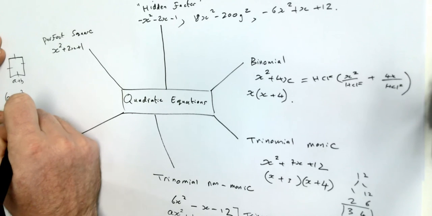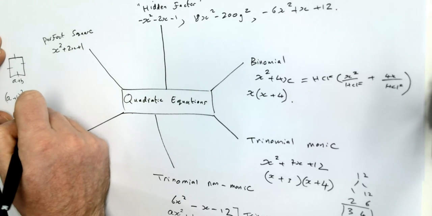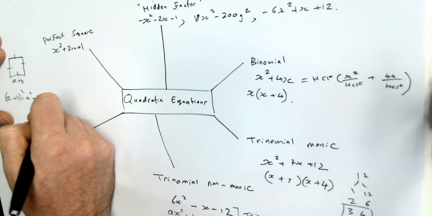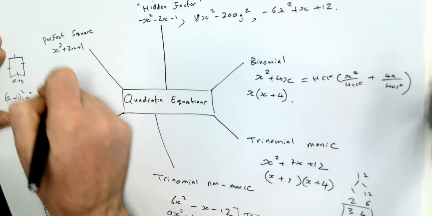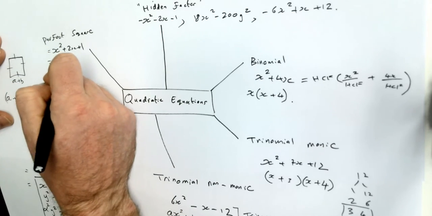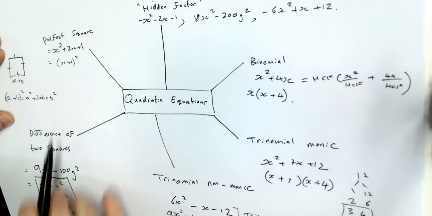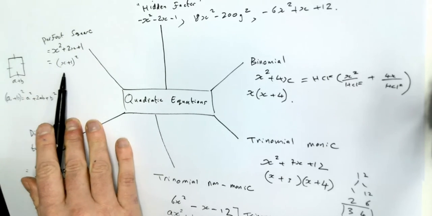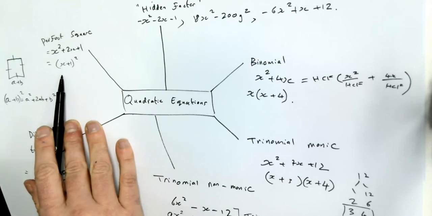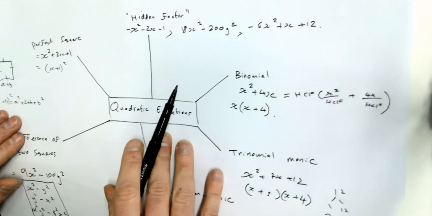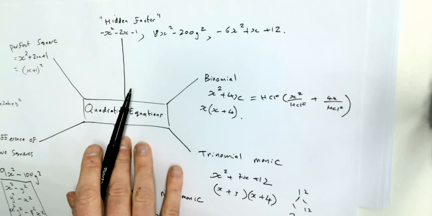We can expand it by squaring the first, doubling the product, and squaring the last. So the factorization of this is going to be x plus 1 squared, and we can use the distributive property to check the result. Okay, so we've got these lovely hidden factors.